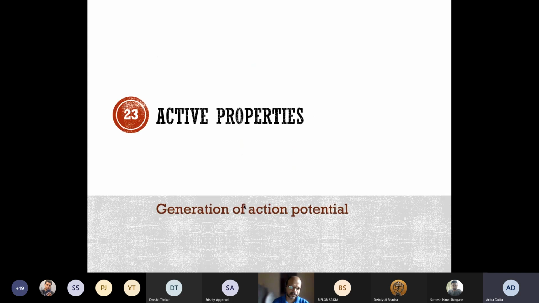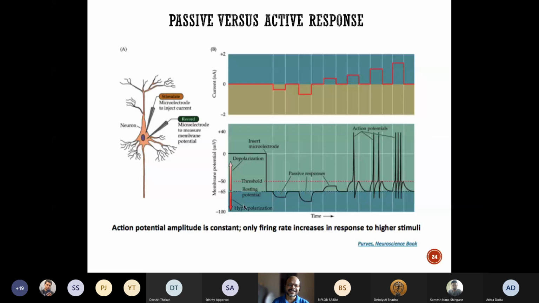Now we'll get to the action potential, now that you mention it. So this is what actually happens in a real neuron. You are injecting current pulses, which are either negative current pulses or positive current pulses. A negative current pulse essentially hyperpolarizes the cell, which means that the potential goes down even further from this -65, which was the resting state.